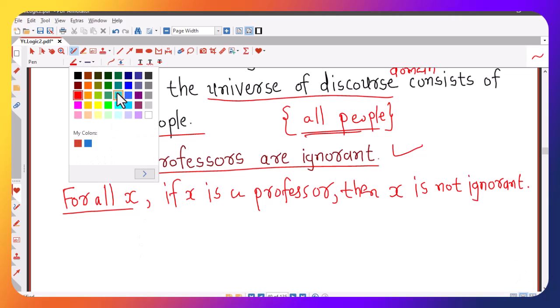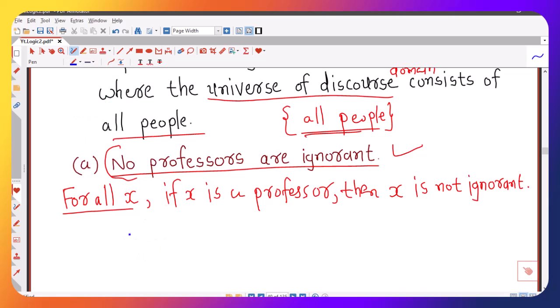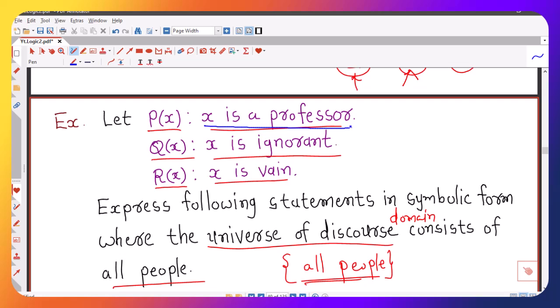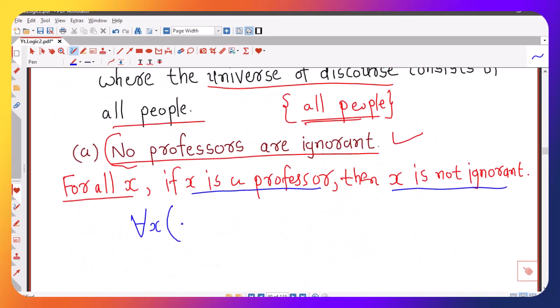So now whenever we have for all x, we will use the universal quantifier, and here we have a conditional statement. If x is a professor, x is not ignorant, or in other words, x is a professor implies x is not ignorant. Now x is a professor is represented by Px, so here we will write Px, and that implies x is not ignorant.